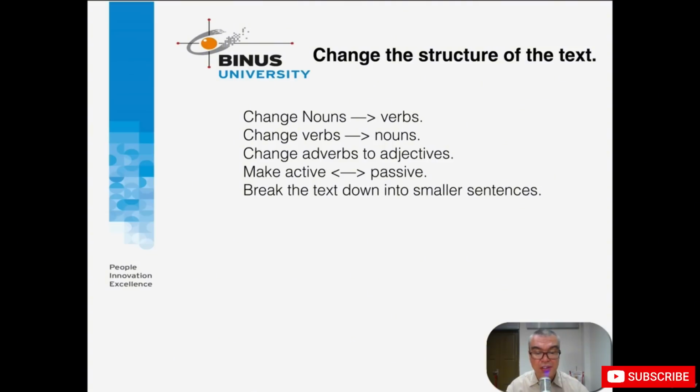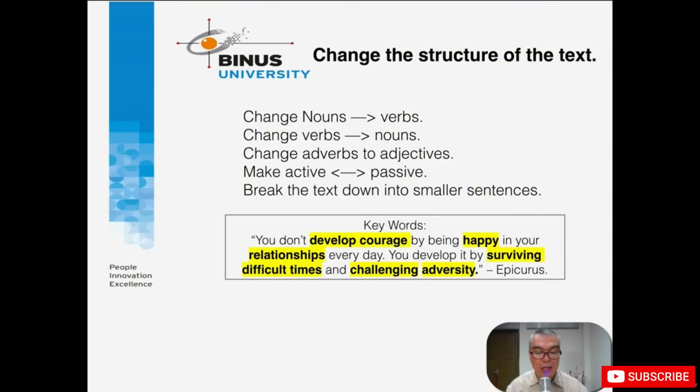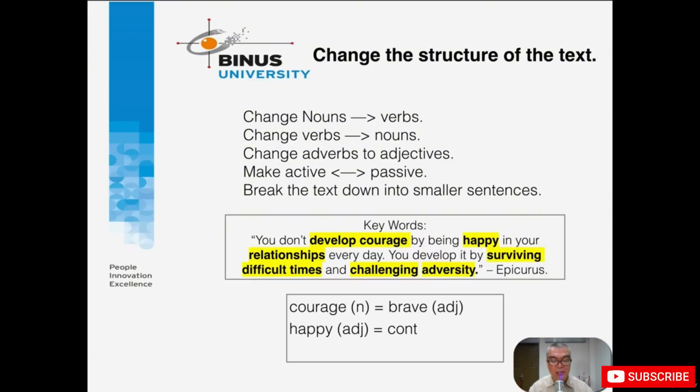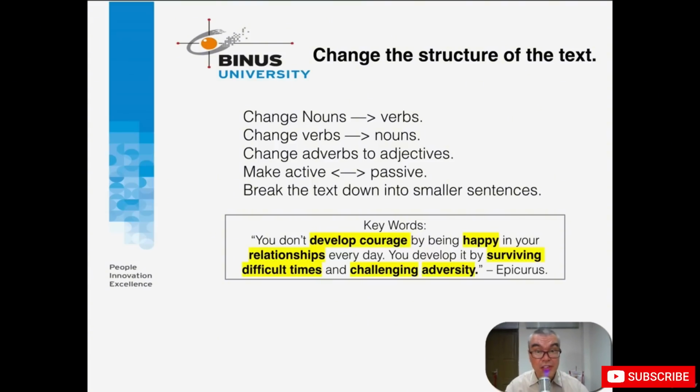So let's just look at this example here. This one, you don't, is in the active. So if we change courage, which is a noun, brave becomes an adjective. And then happy is an adjective, contentment becomes a noun, and you don't is in the active voice. All right, so just going back to our example, we've identified some of the key words.